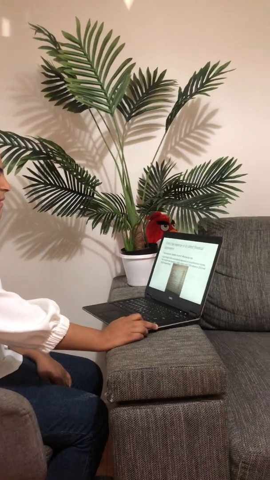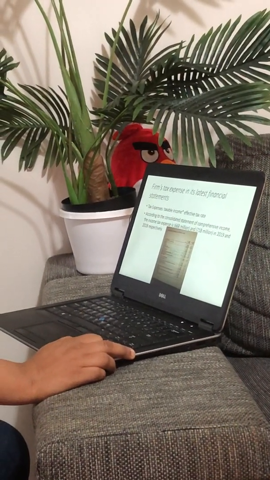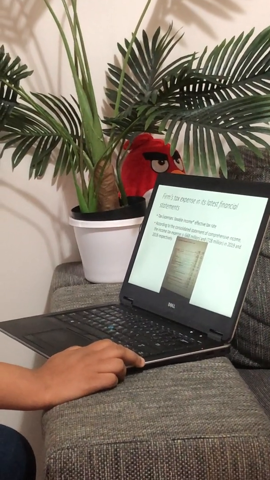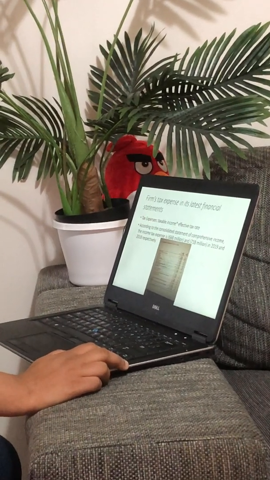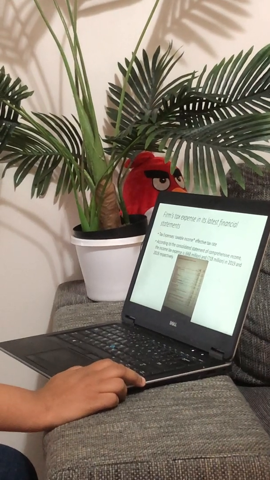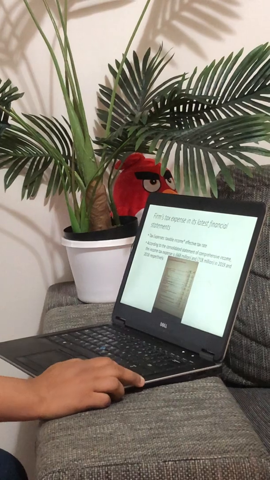Now I will discuss the firm's tax expenses in its latest financial statements. According to the consolidated statement of comprehensive income, the income tax expense is 668 million and 718 million in the years 2019 and 2018 respectively, as shown in the figure.